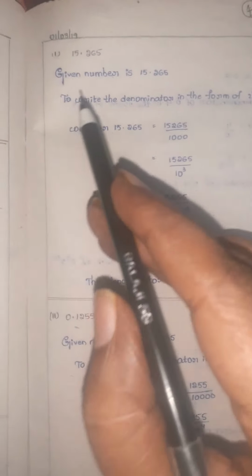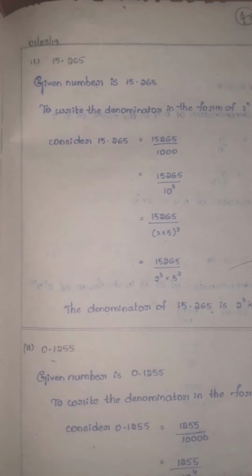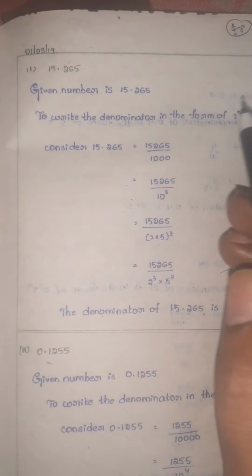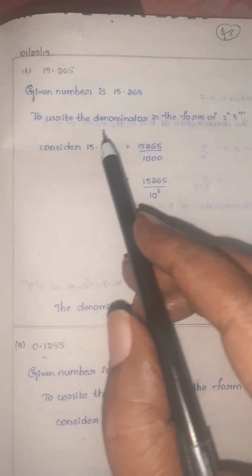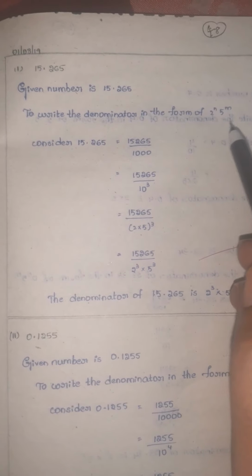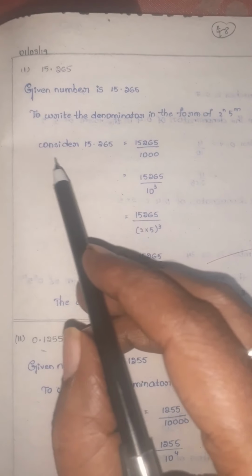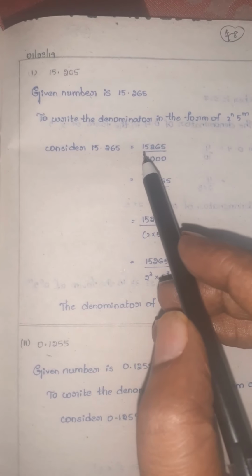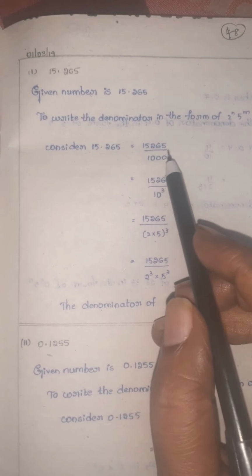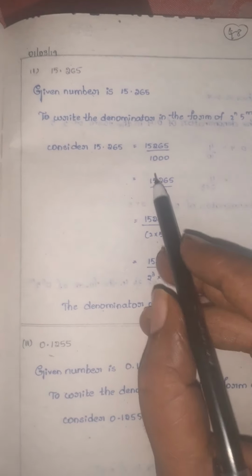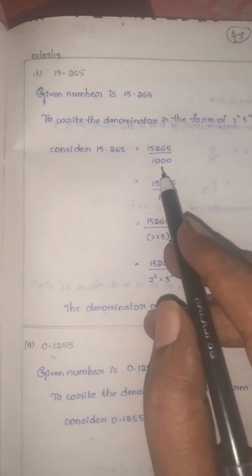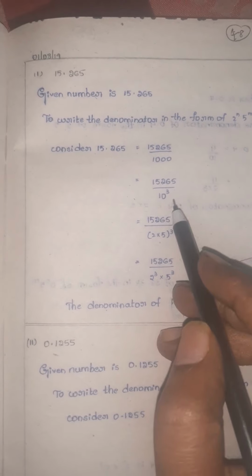So here first question is given, 15.265. So given number is 15.265. Here to write the denominator in the form of 2 power n into 5 power m, consider 15.265. This can be written as 15265 by 1000. Here write numerator as it is. Denominator 1000 means 10 cube.